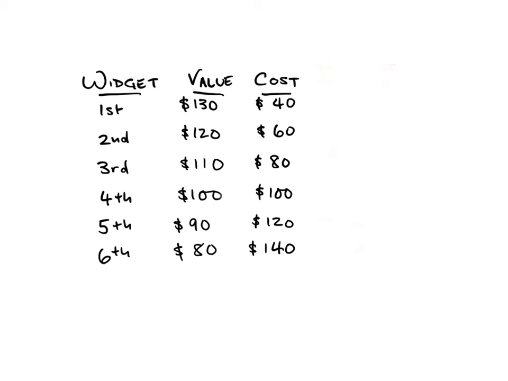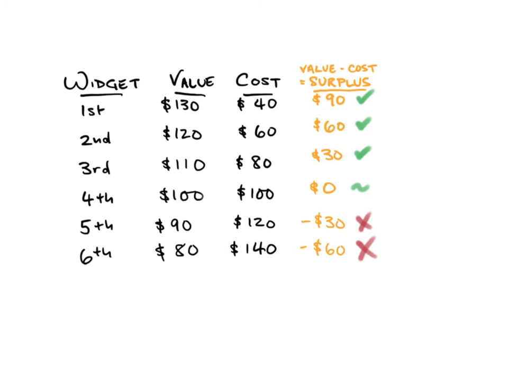Then the social planner thinks about the total surplus generated. Okay? The total surplus, the value to the consumer minus the cost of production, is the total surplus. Okay? Well, the first widget would have a value of $130 to someone, and it could be produced at a cost of $40.